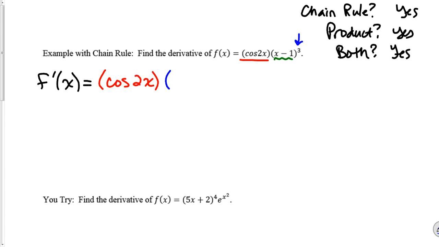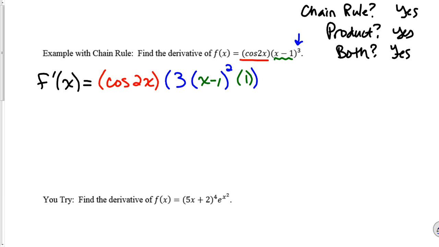I take the derivative of the outside, which is 3 times my inside, now raised to the second power, and now I need to multiply by the derivative of that green inside. The derivative of that green inside, luckily, is just a 1, because I have an x minus 1, so the derivative of x is 1, the derivative of minus 1 is 0.